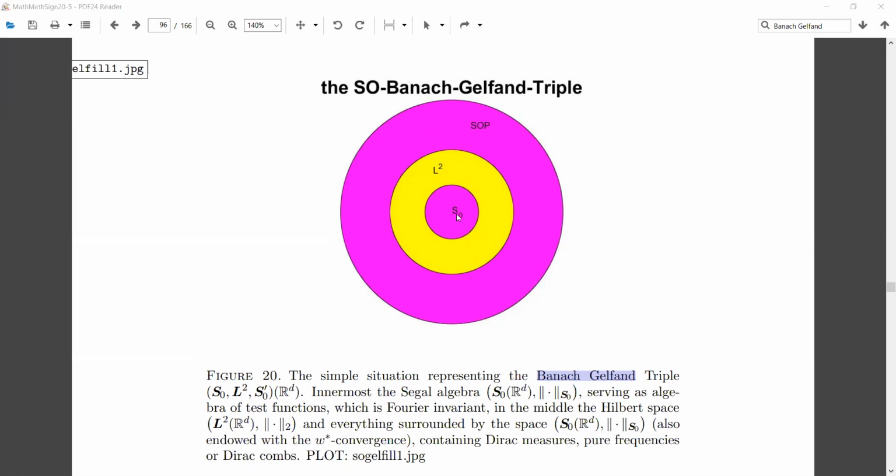My statement was that if you are careful, you can get L1 coefficients from the S0 elements. But you can also take the L2 coefficients for L2 functions, and you can get bounded coefficients for S0 prime distributions. So I will try to help you understand how Gabor analysis describes the different building blocks by ordinary sequence spaces.